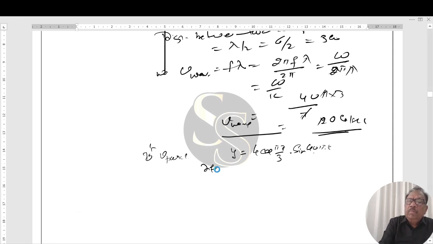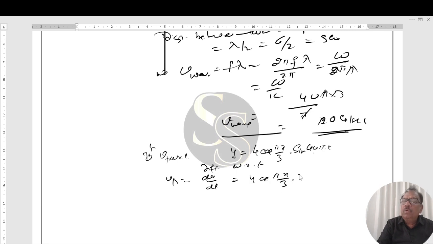Differentiating with respect to t, V particle equals dy by dt. The 4 cos(pi x by 3) is constant, and the derivative of sin 40 pi t is cos 40 pi t into 40 pi. This comes out to be 160 pi cos(pi x by 3) into cos 40 pi t.